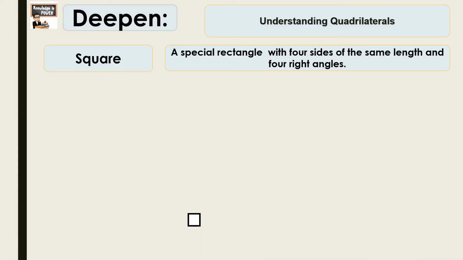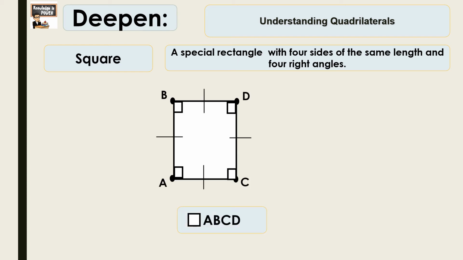Square: a special rectangle with four sides of the same length and four right angles. They say that a square is a combination of a rectangle and a rhombus. So how do we identify it? Let's analyze. As you can see, they have a square corner, with rectangle properties, and also all sides are equal. For example, this is 3, and all of these are 3 also.